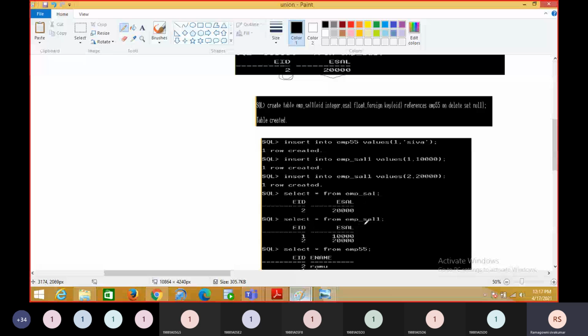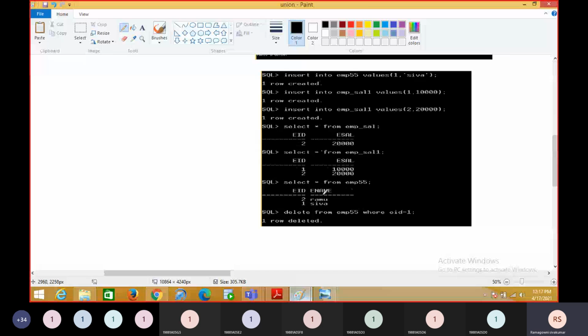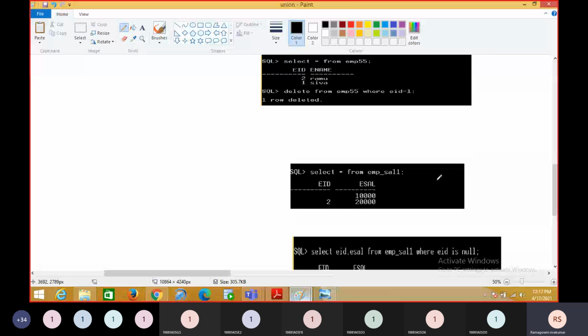Now if I perform a delete operation, delete from EMP55 where EID equal to 1, the row will be deleted and the data should be null for the employee ID where ID equals 1.